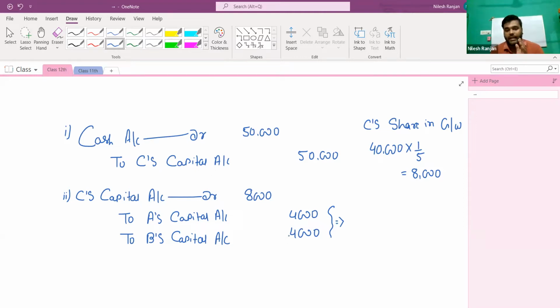A and B. And if only A is giving his share and B is not giving anything to C, then the 8,000 will be paid only to A, not B. Because only A is sacrificing his share to C. Always goodwill is distributed between sacrificing partners. So whichever partner sacrifices his share for the new partner will get the share in goodwill.